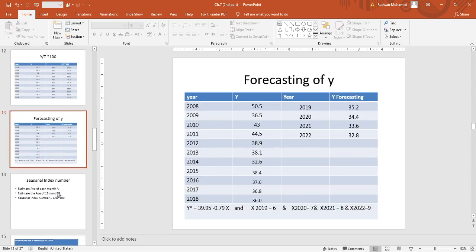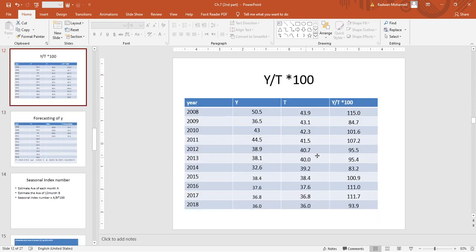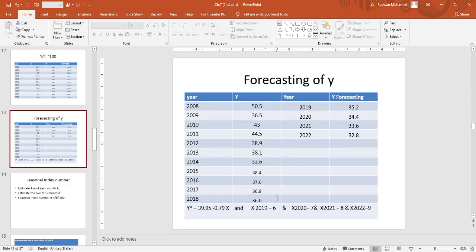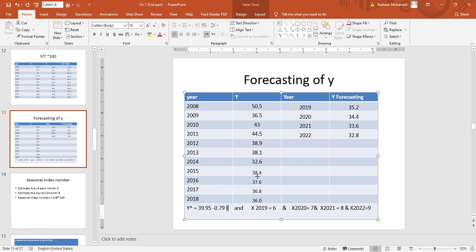I calculated the t value in order to calculate the percentage of y over the t value. And if I want to forecast, I only change the value of x according to the position or the order of the year. Okay, I think it's very easy, guys. It's a matter of direct substitution and memorizing the laws.